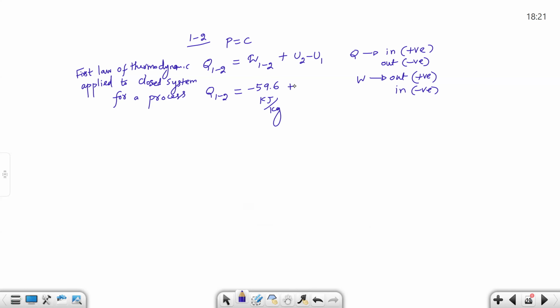Then this will be CV into the temperature difference, T2 minus T1. So now we can substitute all values. CP is 1.005 kilojoule per kilogram Kelvin. This is the CP, CV value for air. So this is air, right?